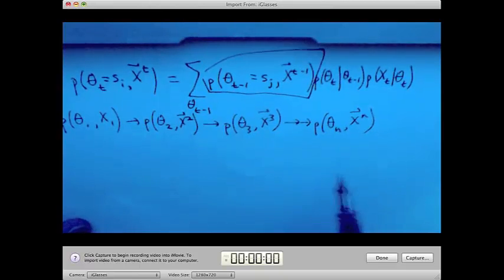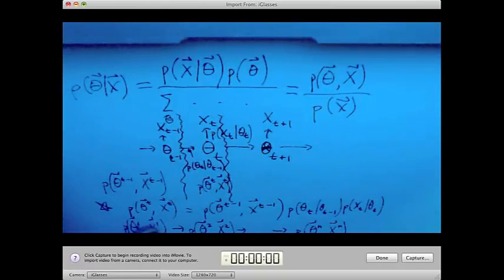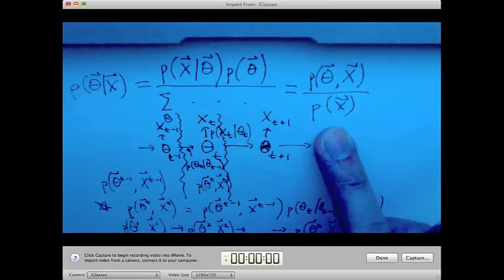Now what's the relationship between this last thing that we just got and our original Bayes law that we wanted to compute? Well, it's almost exactly the same as our denominator.